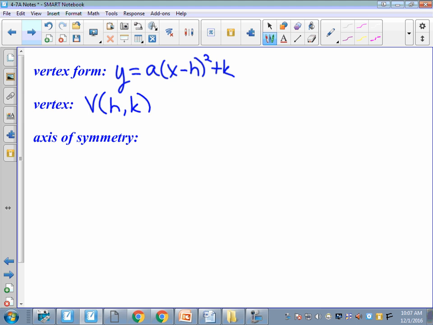Our vertex of that quadratic is (h, k). So we don't have to find the vertex. When it's in vertex form, it gives us the vertex. And then the axis of symmetry goes right through the vertex. So the axis of symmetry is the equation x equals the h value. They have to line up together. So it gives us a little bit different parts than what standard form would give us.